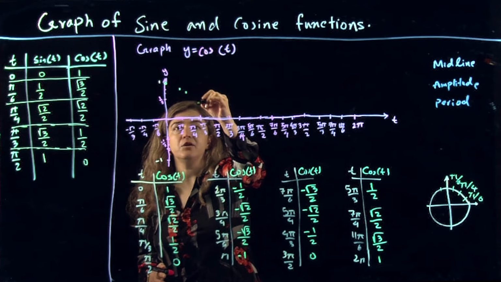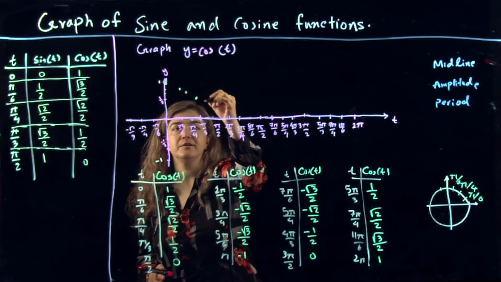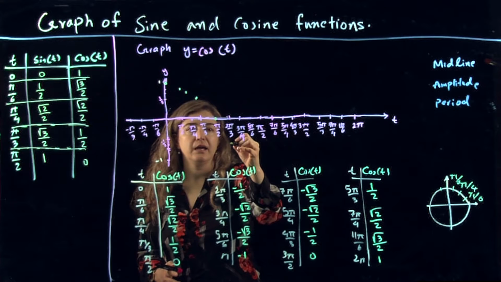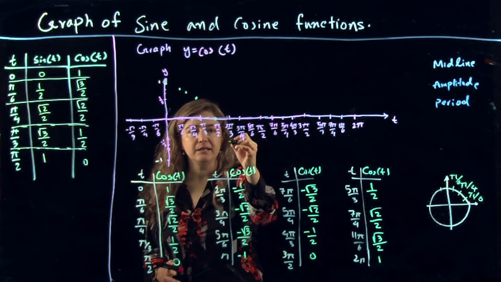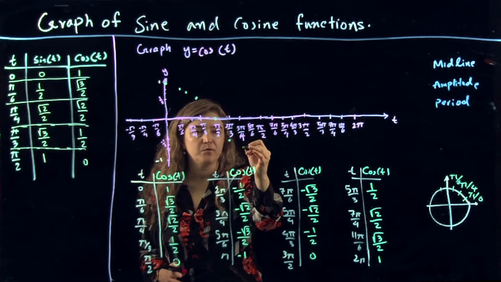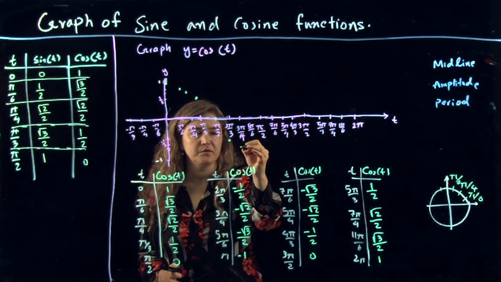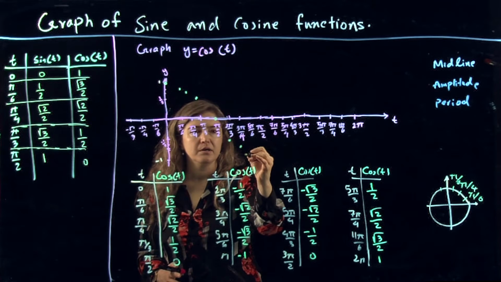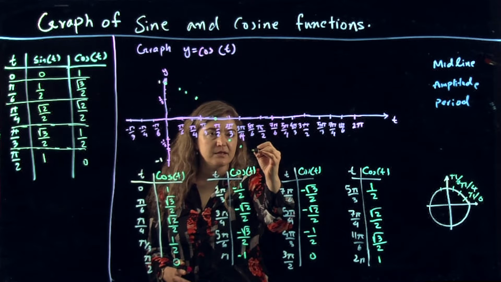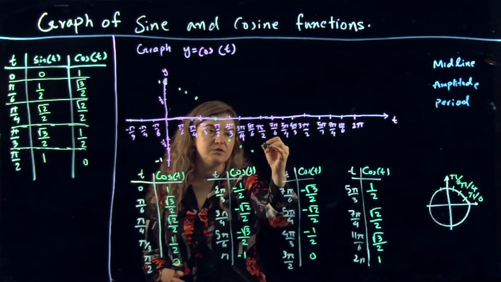At pi third, I get 1/2. At pi half, I get 0. At 2 pi third, I get negative 1/2. At 3 pi fourth, I get negative square root of 2 over 2. And at 5 pi 6, I get negative square root of 3 over 2.